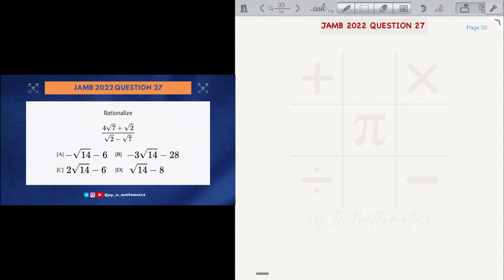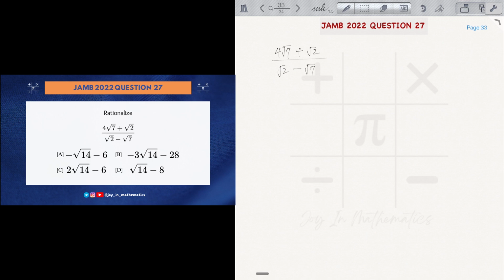JAMB 2022, question 27. The question says we should rationalize (4 root 7 plus root 2) divided by (root 2 minus root 7).